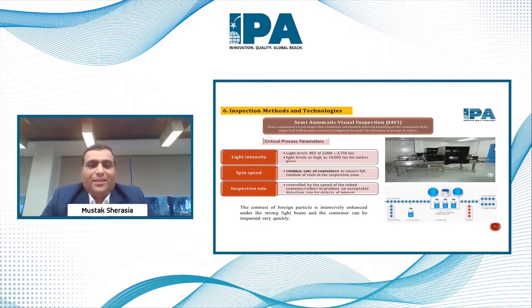The important parameters to be considered are the spin speed and the inspection rates. Both are controlled through the conveyors, and can be easily qualified and maintained during the routine batch manufacturing inspection process. Next slide.